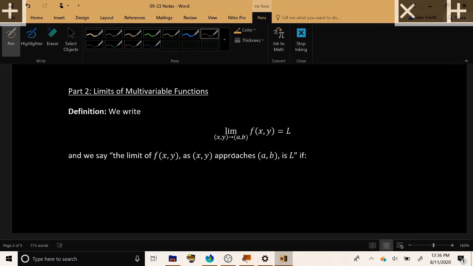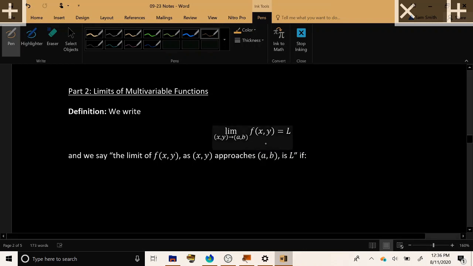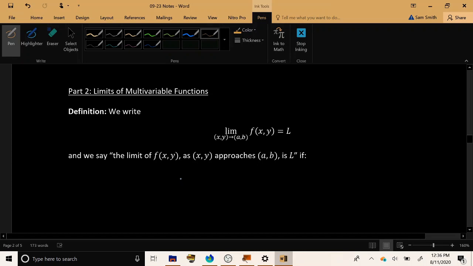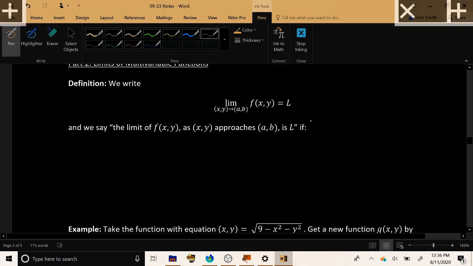Next to the limit symbol, we have the function itself, f of x y, and that is equal to some number called L on the right-hand side. This is read the limit of f of x y as x y approaches a b. That equals L if the following condition is satisfied.